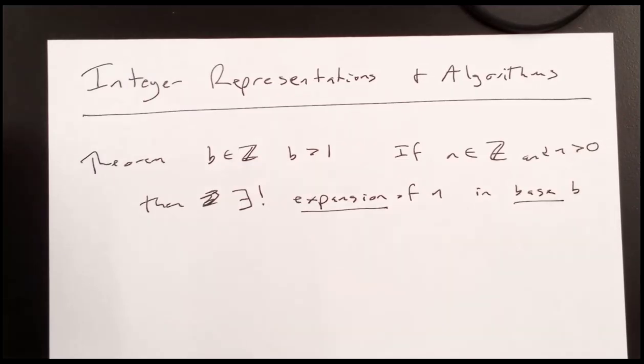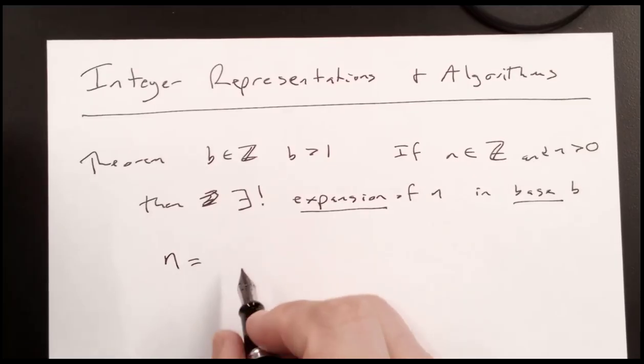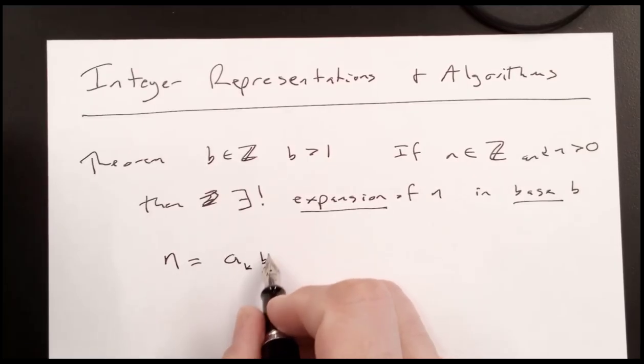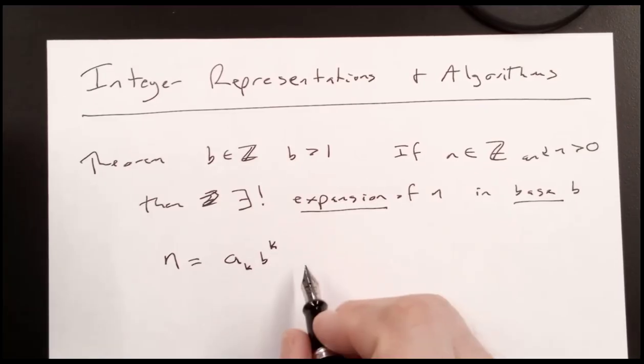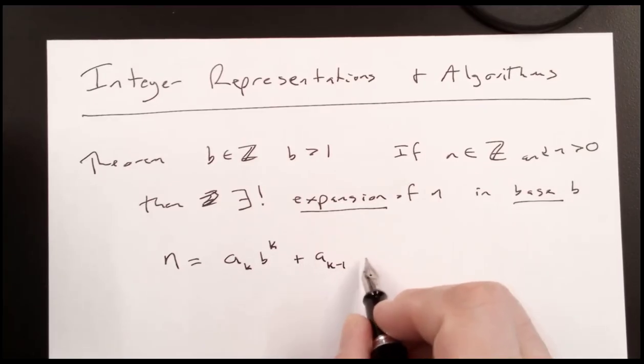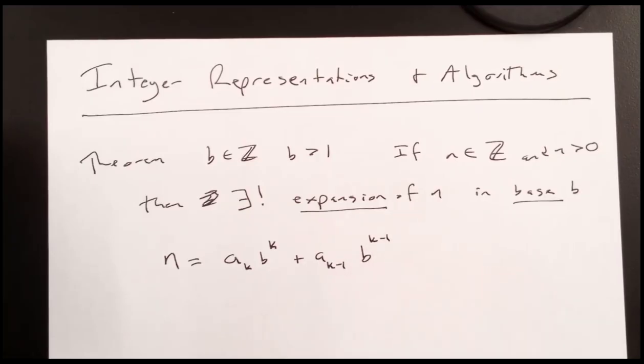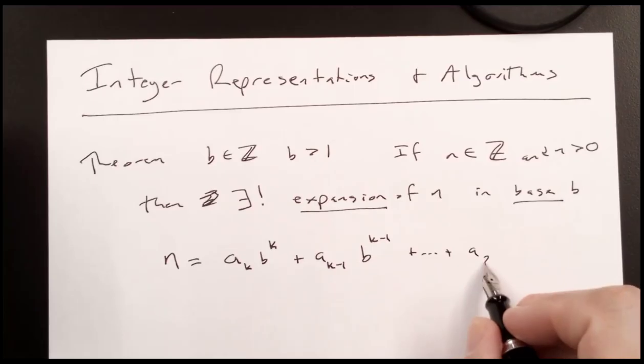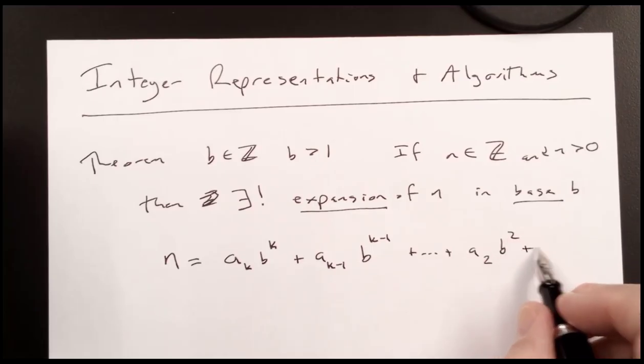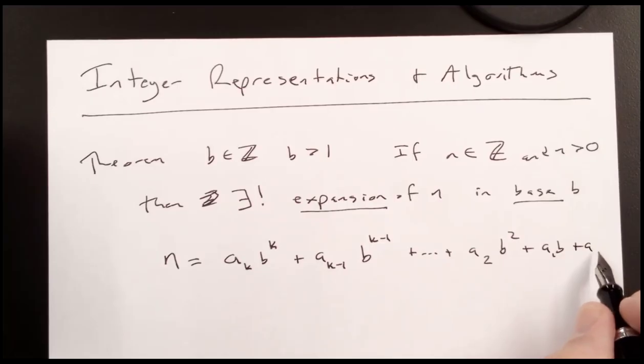Pick any integer b bigger than 1, and any positive integer n. Then there's a unique expansion of n in base b. Now, what does that mean? It means I write n as some coefficient of b raised to the kth power, plus some coefficient of b raised to the k minus first power, all the way down to a coefficient of b squared, a coefficient of b, and a coefficient of 1, which technically is b to the 0th.